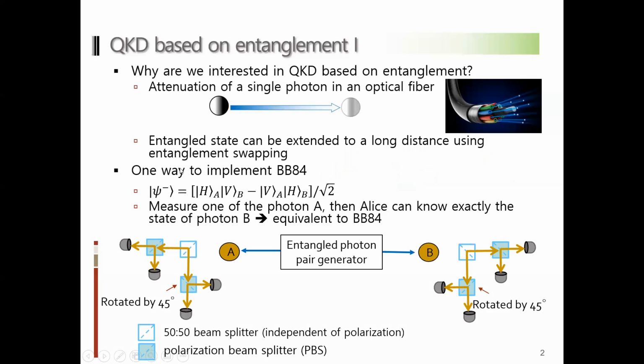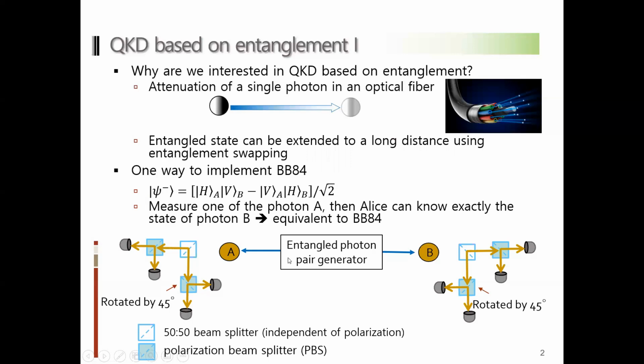But let's just think about some simple way to implement the protocol using the entangled pair, because one of the properties of this kind of pair state, or the entangled state, is this.